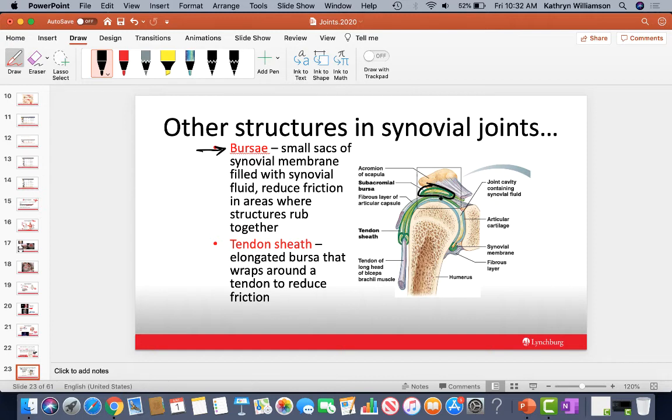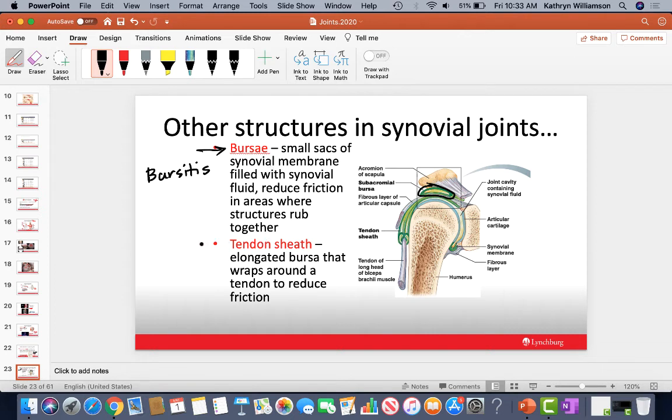So maybe where you have a joint underneath a ligament, and every time you raise your arm up, it could rub there. Well, we're going to have this little sac of synovial fluid in that area that's going to reduce friction in areas where structures might rub together. And so if you had some pathology associated with this, you might have bursitis. You might have heard people have that. Bursitis would be an inflammation of that bursa sac.